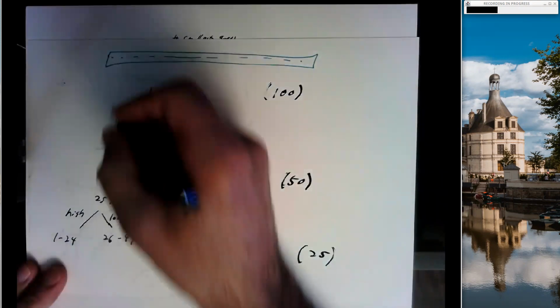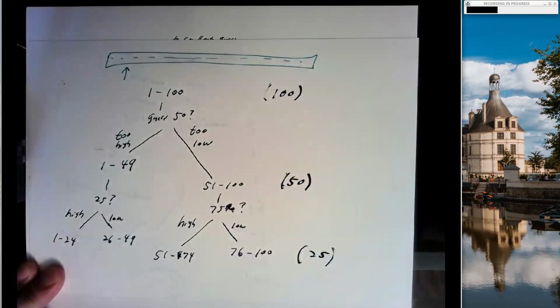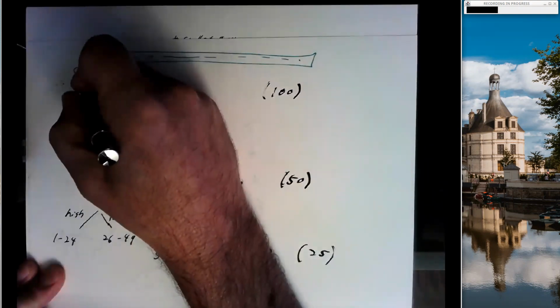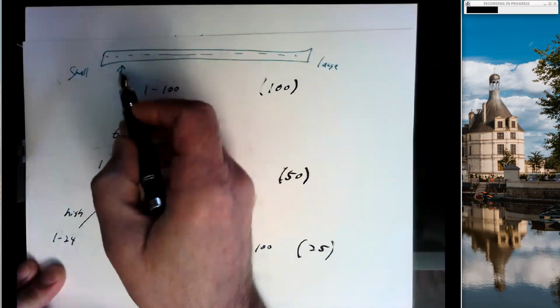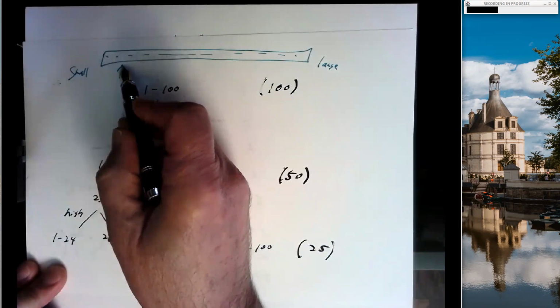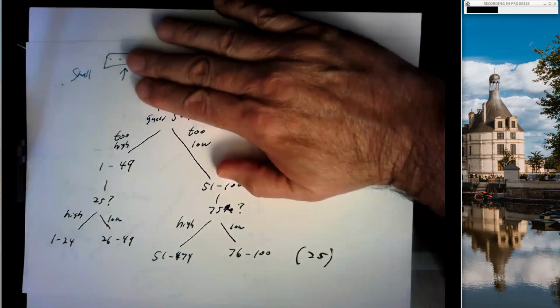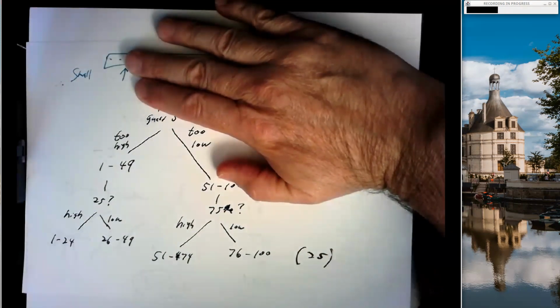Now, if I were to say, is your number right here? I could get lucky, right? So if these are the small numbers on the left and these are the large numbers on the right, and I say, is your number right here? I could get lucky and they could say that number is too big. And all of a sudden I can ignore all of this. And now I have their problem shrunk down to a really, really tiny problem.